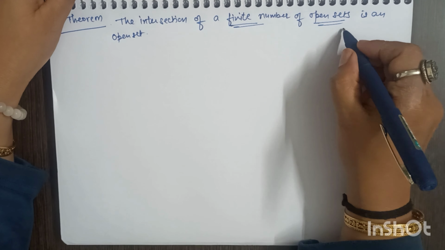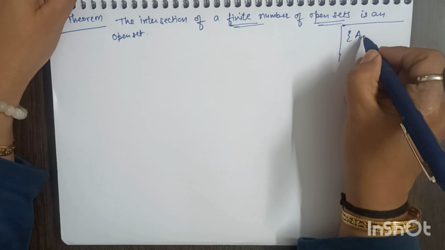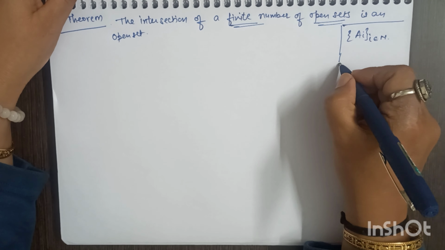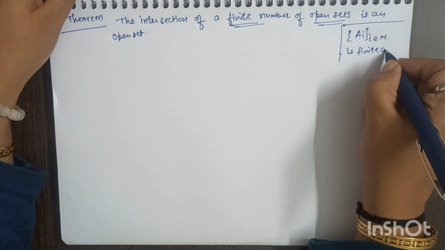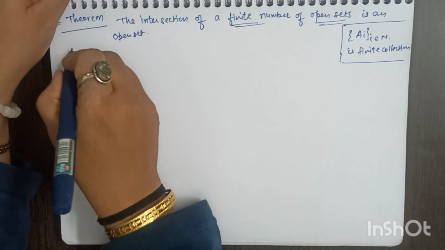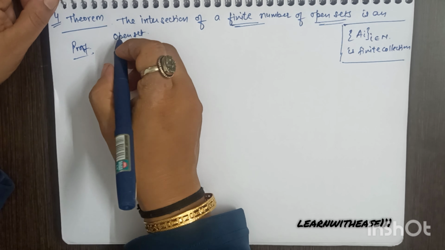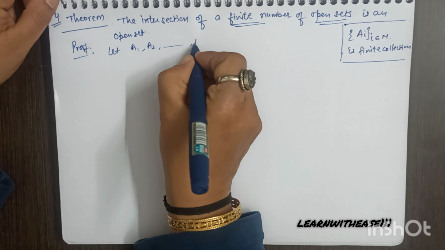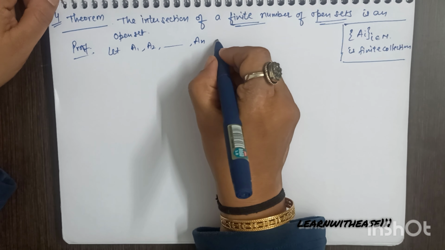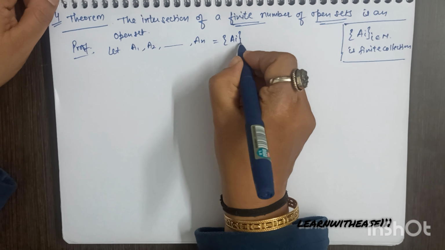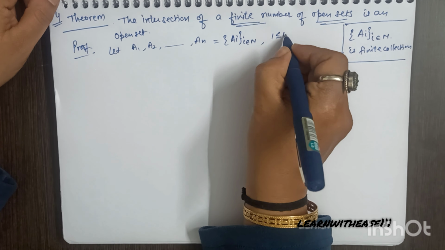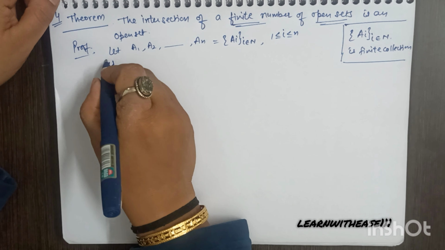I have already discussed how I will be choosing: i is a natural number running from 1 to n, so it is a finite collection. And we have also proved the result for two sets already. So here A1, A2, ..., An, with i running from 1 to n, is a finite collection of open sets.